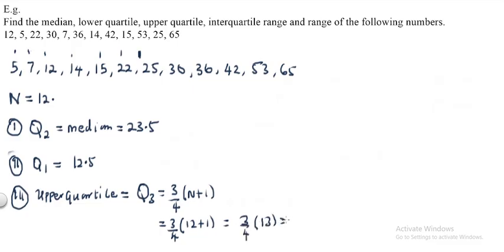From here, 3 times 13 is 39, divided by 4. 39 divided by 4 is simply 9.75. So we're looking at the 9.75th term.